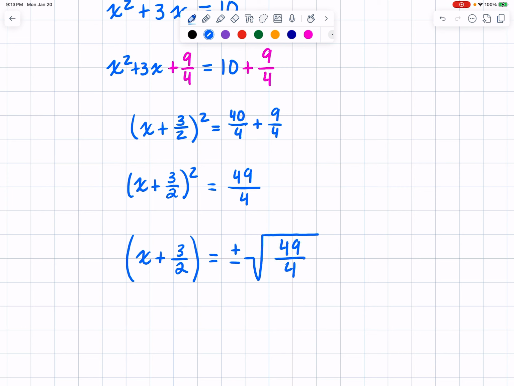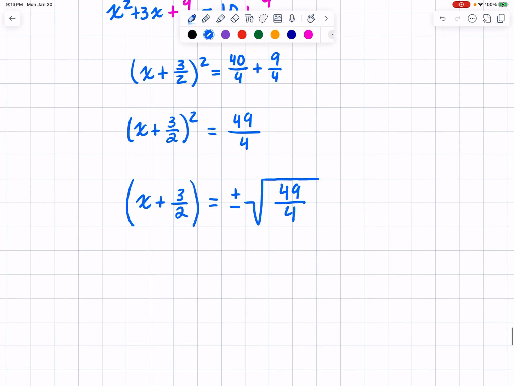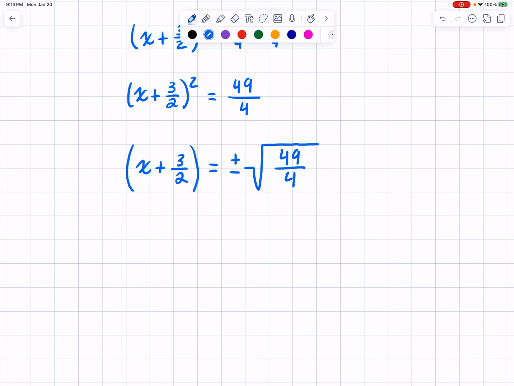Now, if you know anything about fractions and if there's a square root, that just means take the square root of the numerator and take the square root of the denominator. Or in other words, we now have, and we can drop the parentheses on the left-hand side, x plus 3 over 2 equals plus or minus the square root of 49 over the square root of 4.